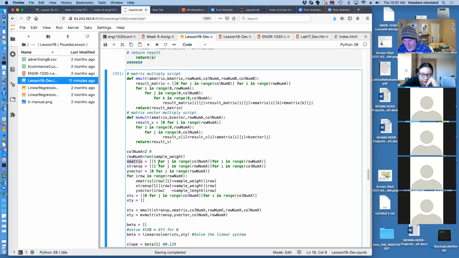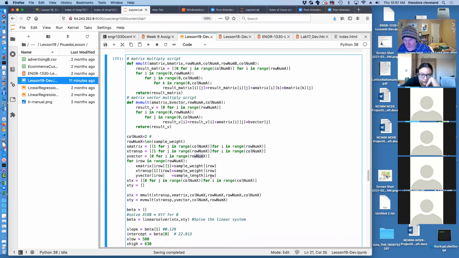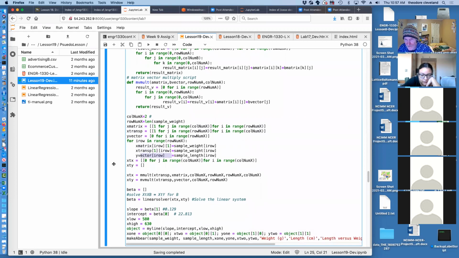Our X matrix, we're going to fill it with ones for j ranging from the column number of X to the row number of X. And then the transposition is going to be row, column. And then the Y vector is going to be the row numbers. And then we populate the design matrix with sample weights, the transpose matrix with sample weights, and then the Y vector with sample lengths.